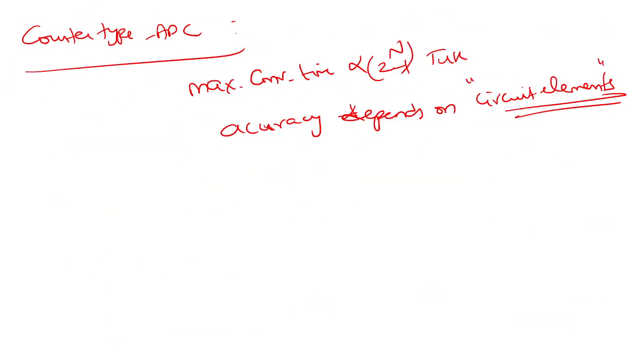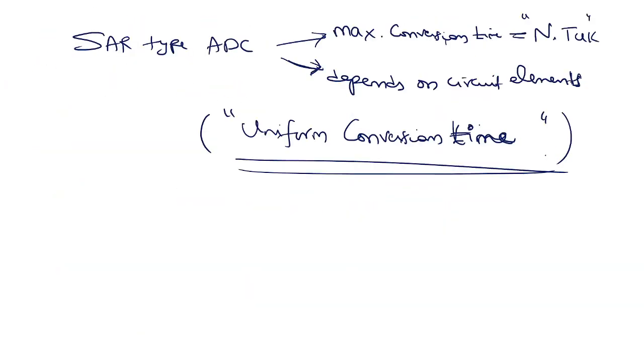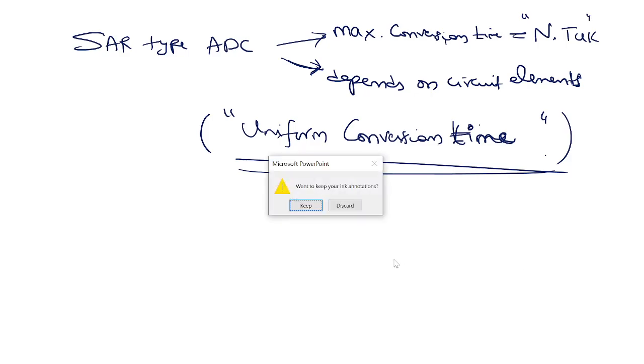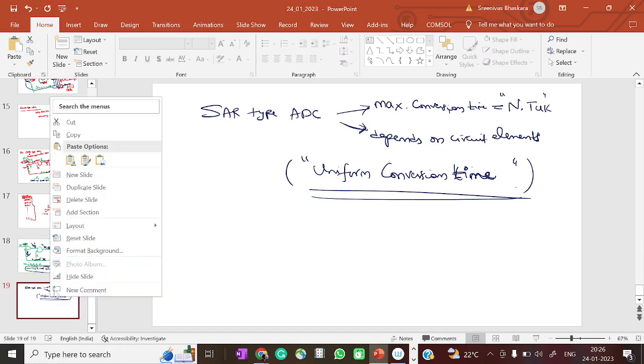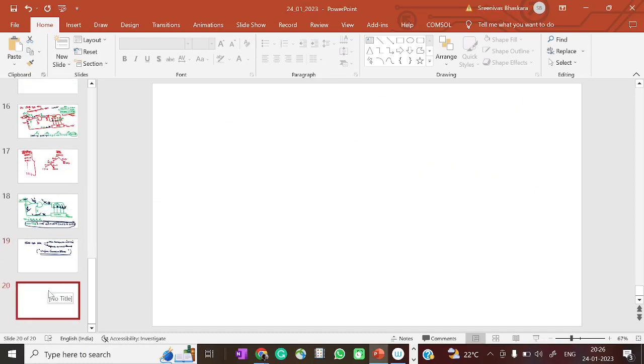So we saw that the maximum conversion time is 2 power n clock, and for the SAR it is around n times t clock. So how to reduce this conversion time?